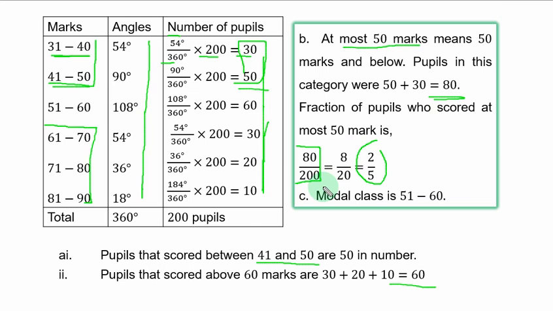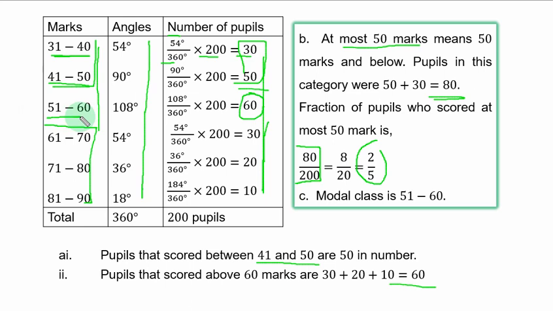The modal mark can only be obtained in the interval, and that is the highest number here. So from here, number of pupils become the frequency, and the highest number there is 60. That is the interval with more pupils.